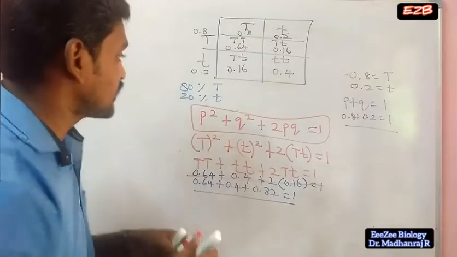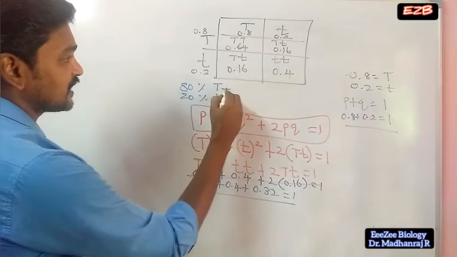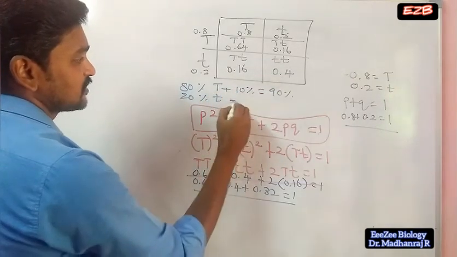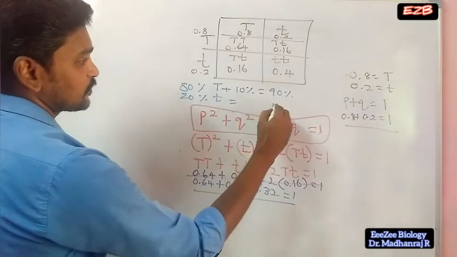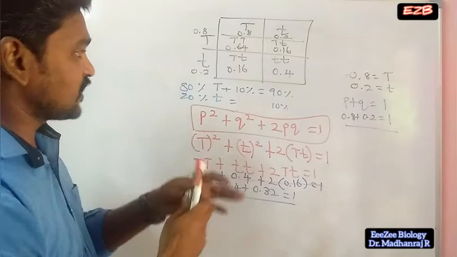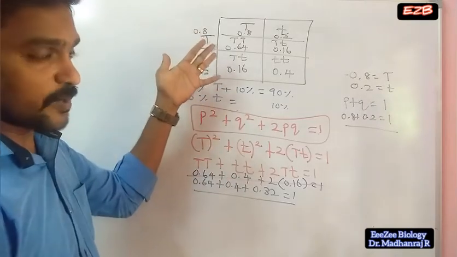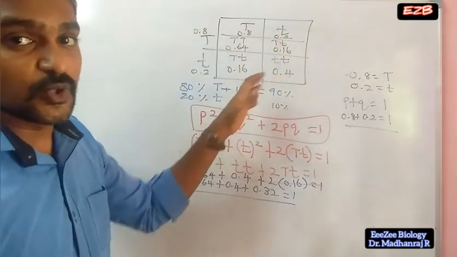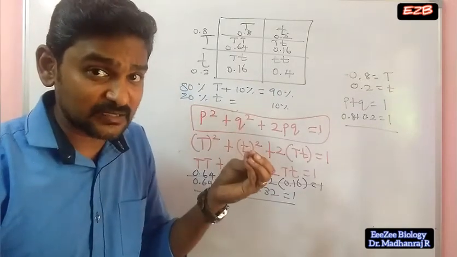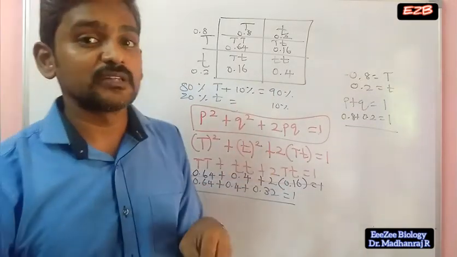As a result of mutation, this may increase to 90%, and this becomes only 10%. Okay, so there will be an alteration, there will be change. Or else from here they may migrate to another population. So many consequences are there, like 5 factors. Regarding these 5 factors, I will be explaining to you in the next class.